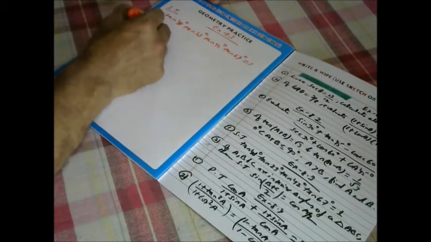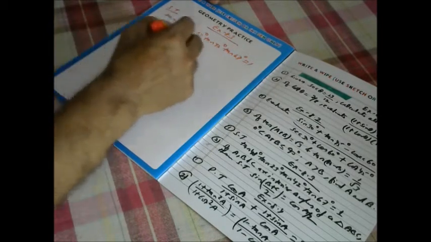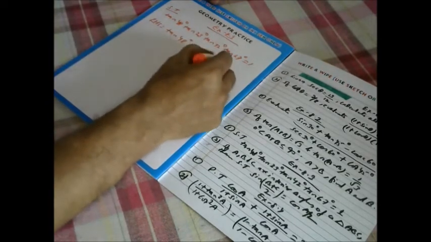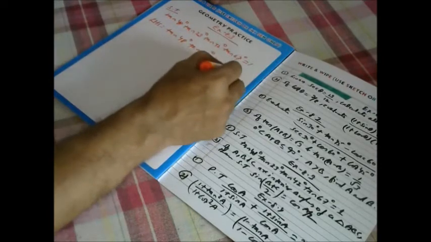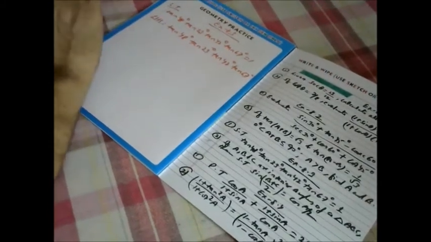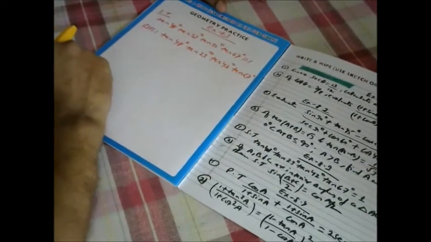So we will take LHS. LHS part is tan 48 degree, tan 23 degree, tan 42 degree, tan 67 degree. Okay, so now we are already aware of complementary angles.